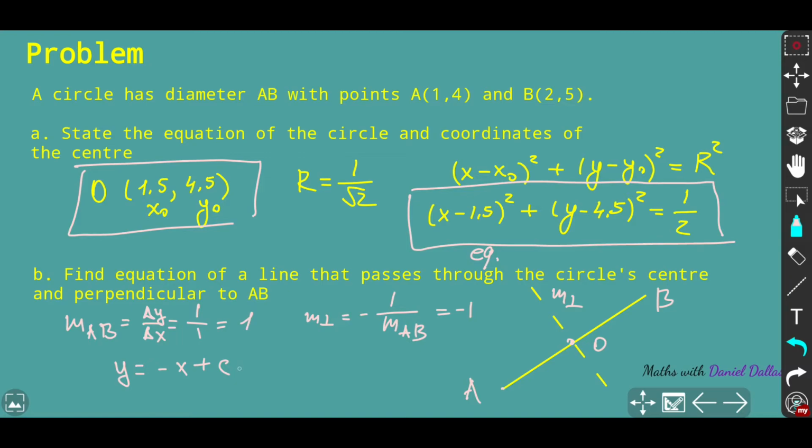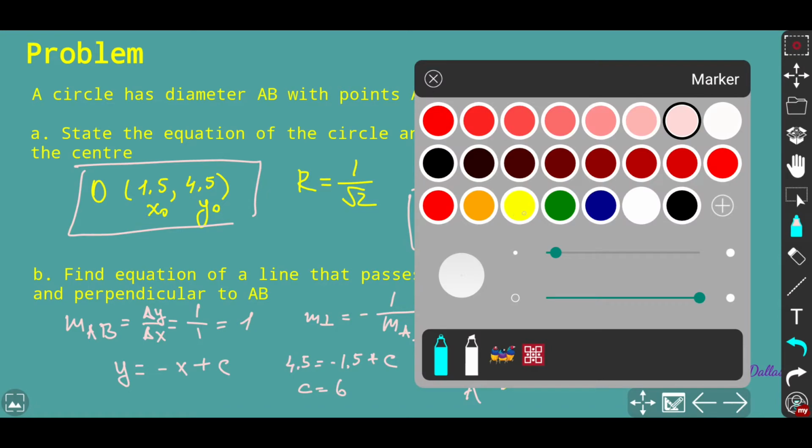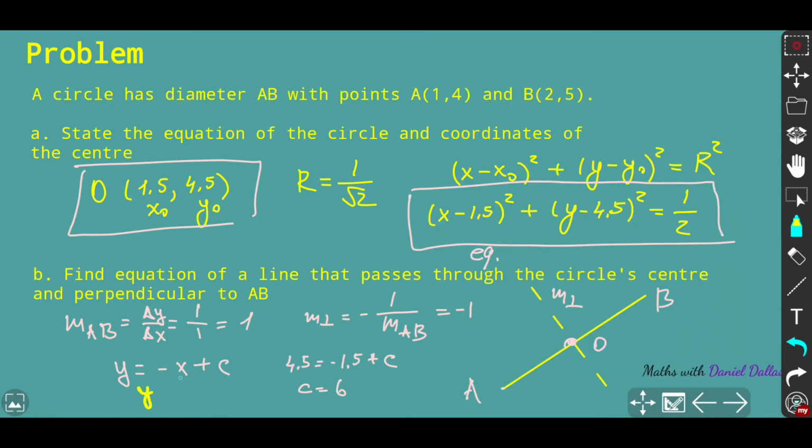We know that this line goes through the center, and we know the coordinates of the center, so we just plug in the coordinates. 4.5 equals negative 1.5 plus c, from where we can express c as 6. So the final equation for the perpendicular line is y equals negative x plus 6.